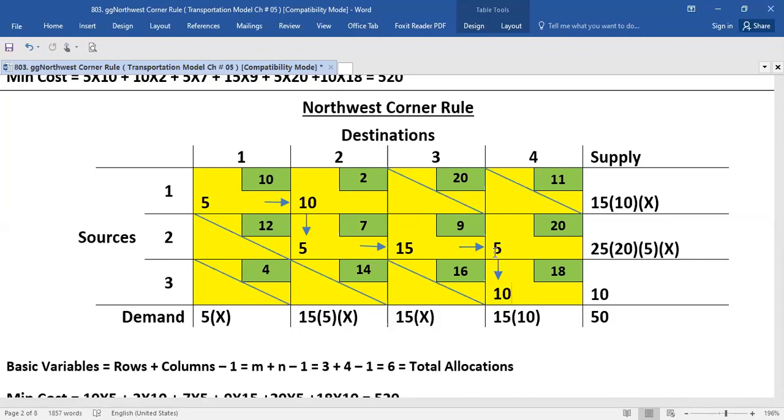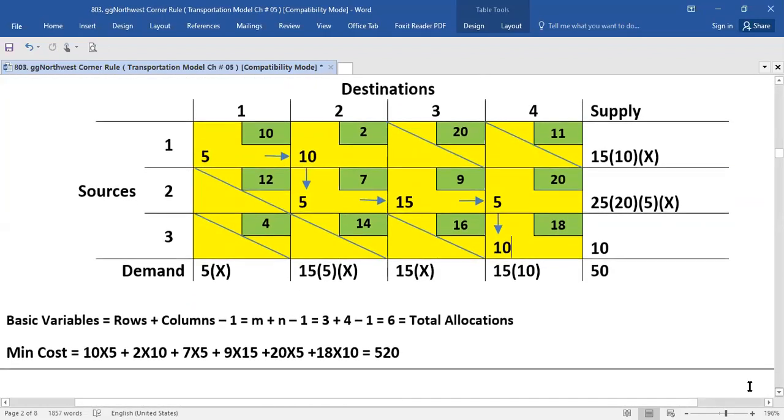So the last step of the question is that you will find the minimum cost. You will multiply each allocated value with its corresponding cost.